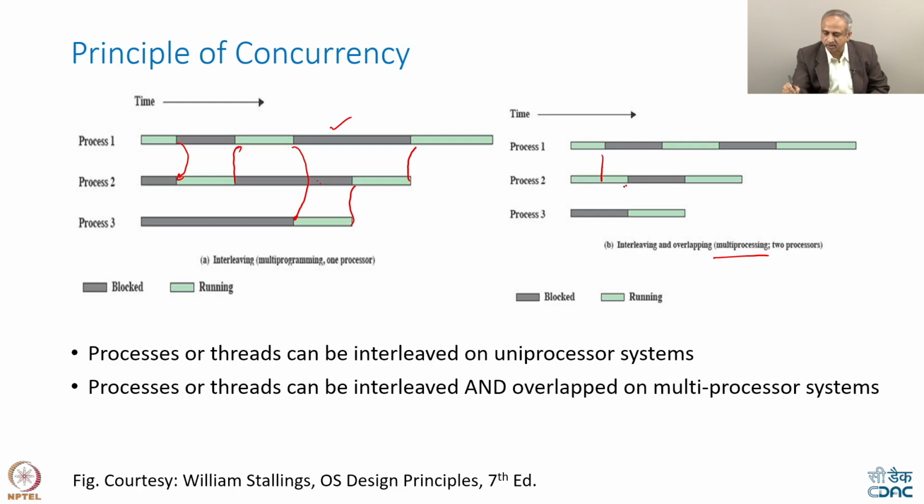But when process 2 ends, the same core is assigned to process 3, and when it ends, the core again comes back to process 2. However, in between there are overlaps, where the other processor core is being used by multiple threads. This happens when you have multiple cores and multiple processes running. Thus we see that not only interleaving takes place in this case, but overlapping also takes place on the CPU.